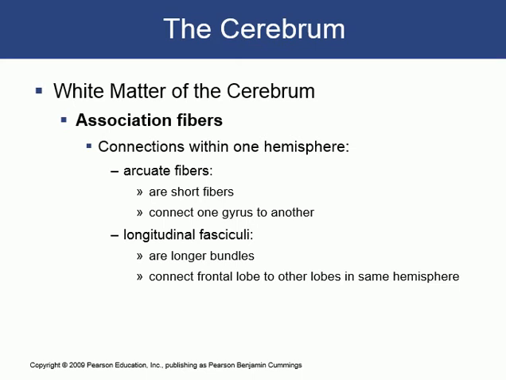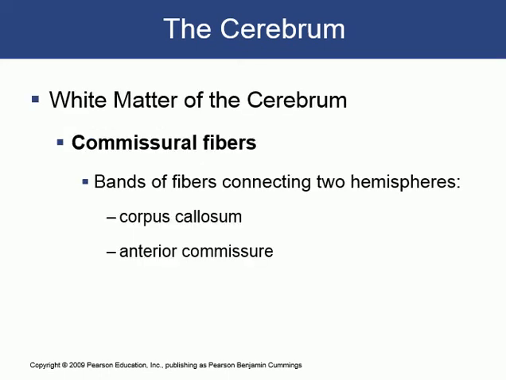If you're connecting gyrus to another gyrus, this is called the arcuate fibers. All of this is within one hemisphere. I didn't talk about one hemisphere to the other. We are still within the same hemisphere. When you connect gyrus to gyrus, this is called the arcuate. When you connect lobe to lobe, this is called the longitudinal fasciculus.